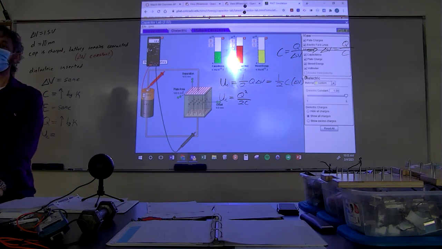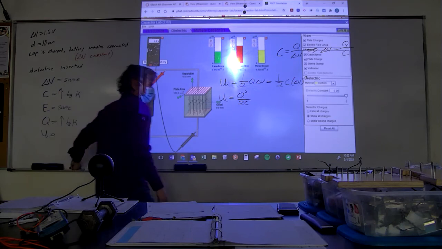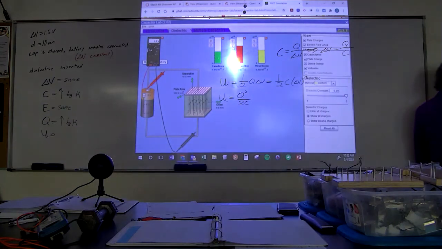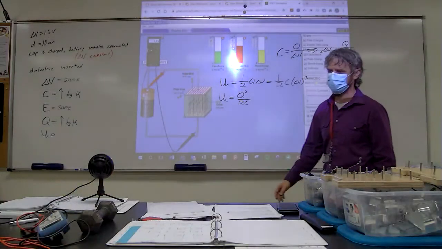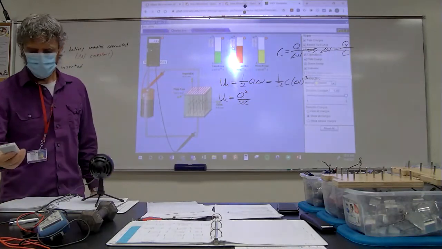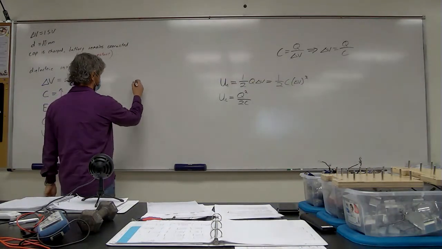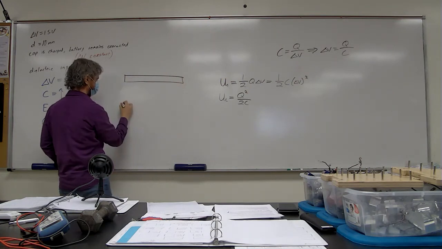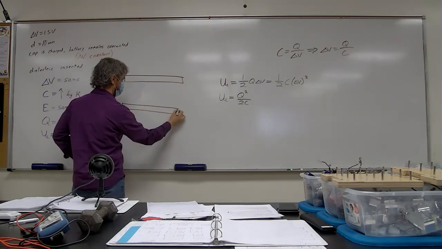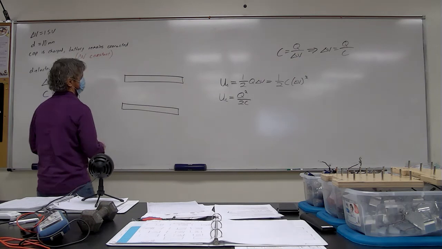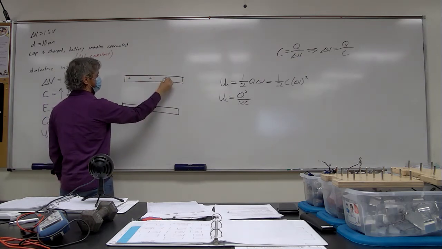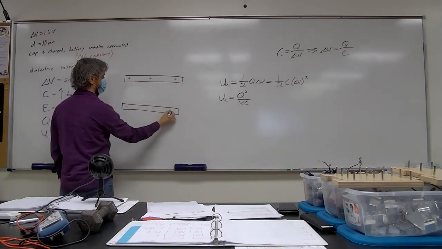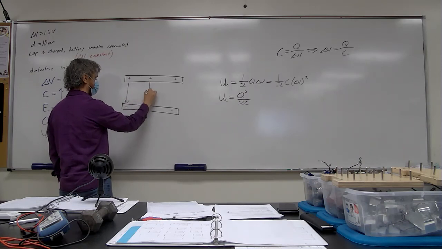Okay. And then you'll also have this. Let me point this out too, so you don't get too confused. You'll also have a question towards the end that has a parallel plate capacitor, which creates an electric field inside of it.